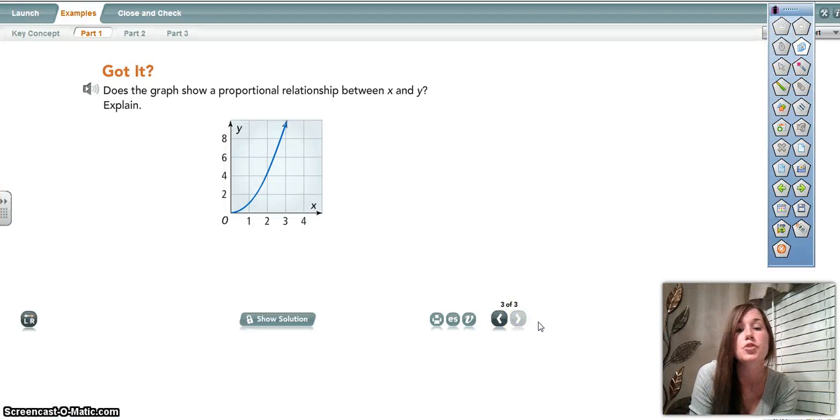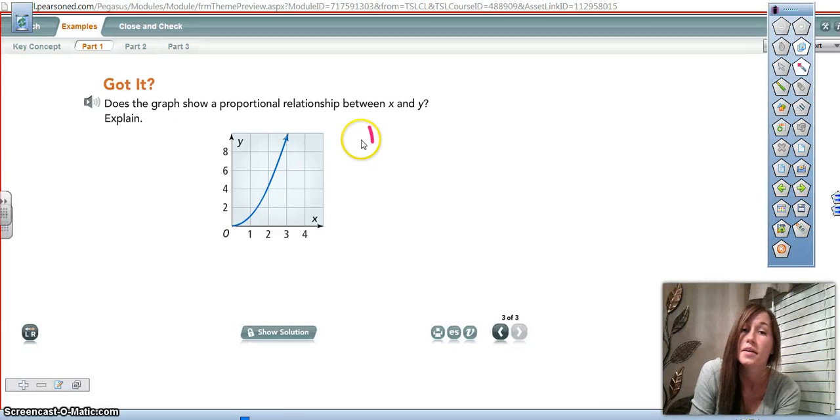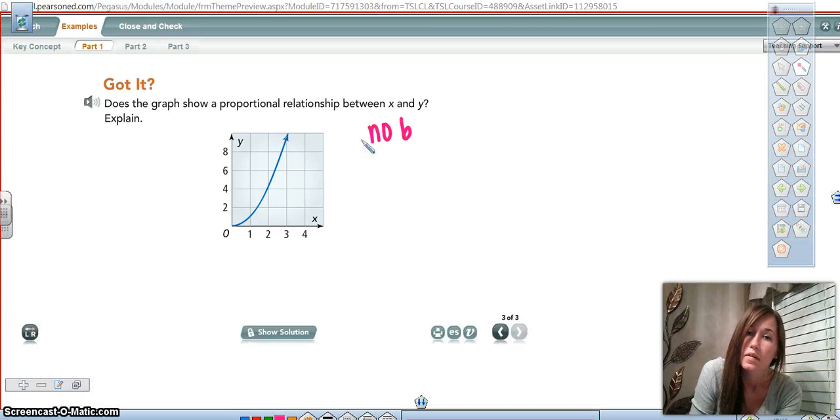Does this graph show a proportional relationship between x and y? No, again. We do not have a straight line.